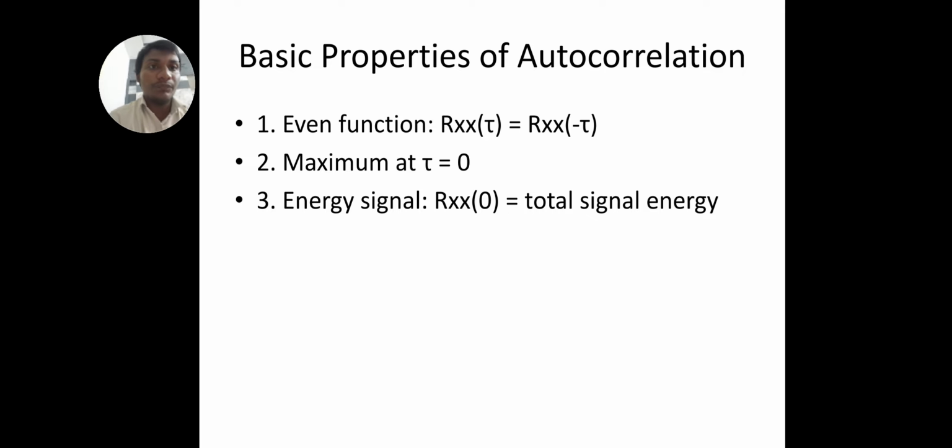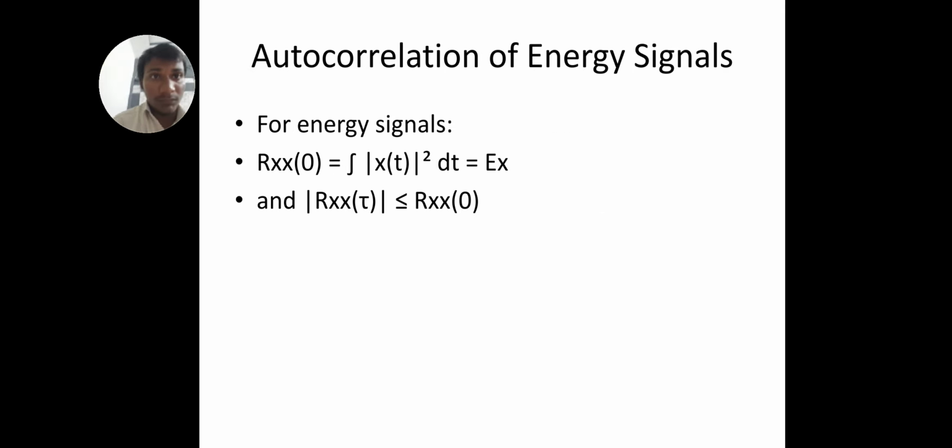Autocorrelation of an energy signal: Rxx of 0 equals the integral of x of t whole square dt, equal to Ex, and Rxx of tau is less than or equal to Rxx of 0.